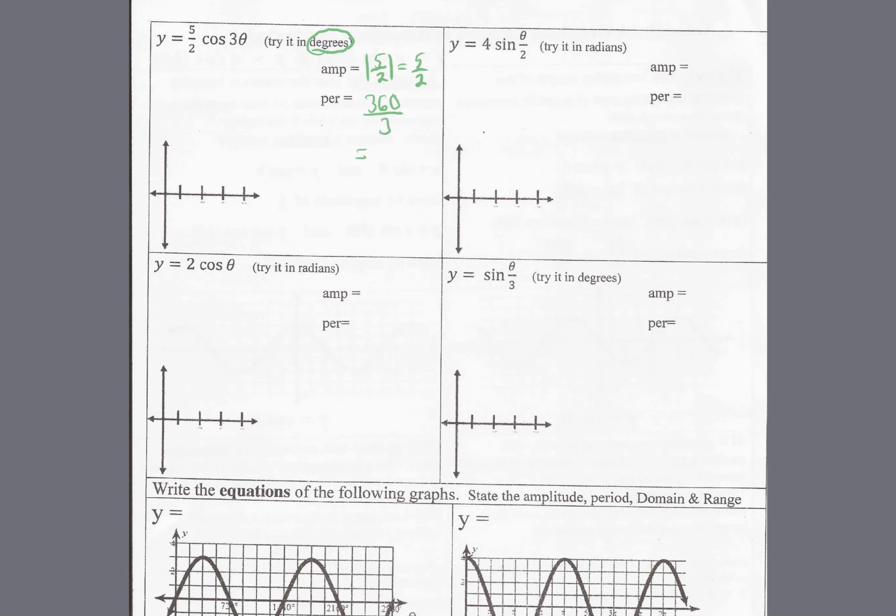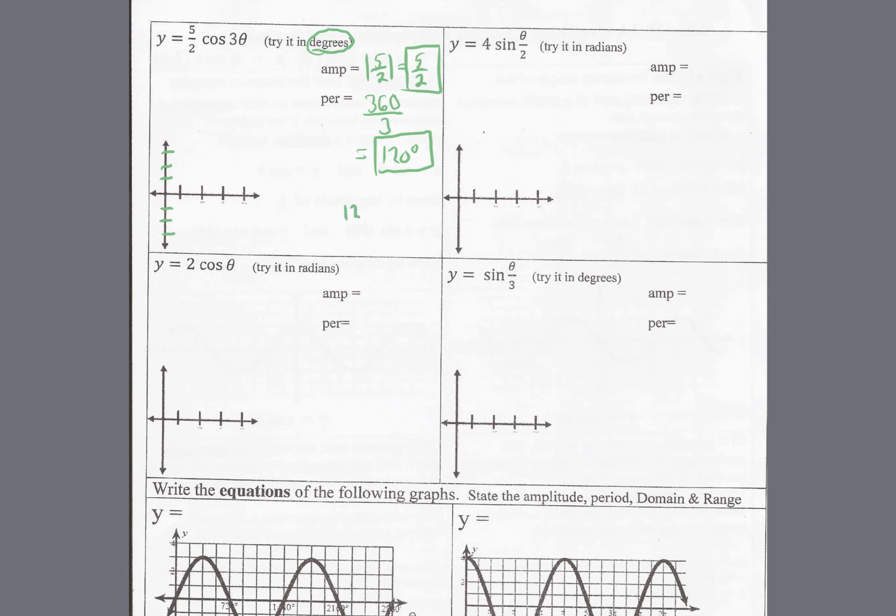So this is going to be 120 degrees. So if I'm going up 5/2, that's the same as 2.5. So I'm actually going to go up 3 to make sure I can cover 2.5. Then I'm going to go down 3. That'll cover negative 2.5.